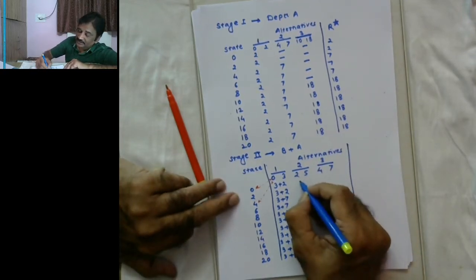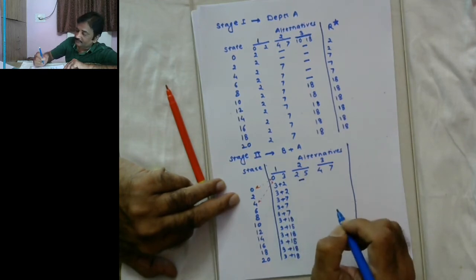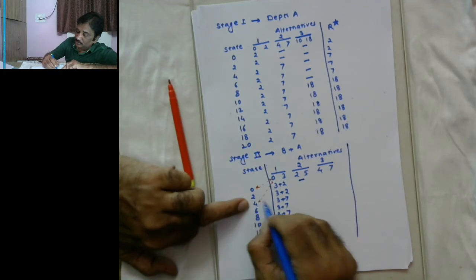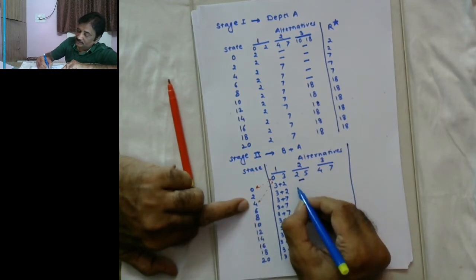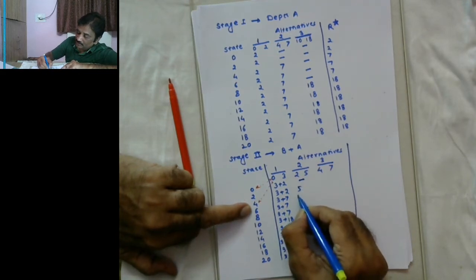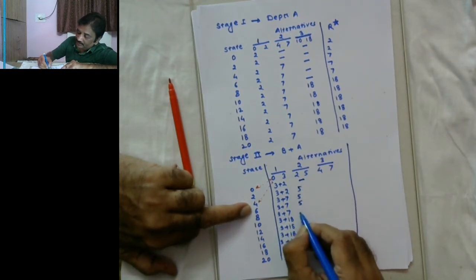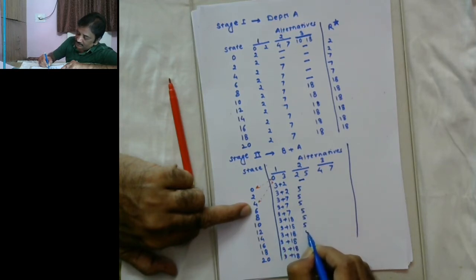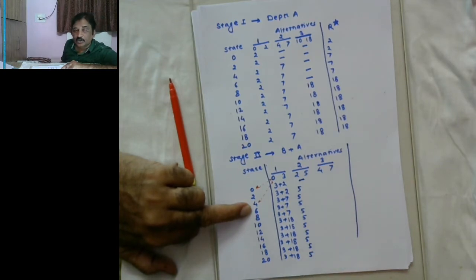Okay. Now, second alternative. The second alternative I cannot use if I assume that I have 0 crore rupees, right? But if I have 2 crore, I can use the second alternative. For using the second alternative, I'll be getting a return of 5 crore. And I can use that alternative for every state which is greater than or equal to 2 crore.